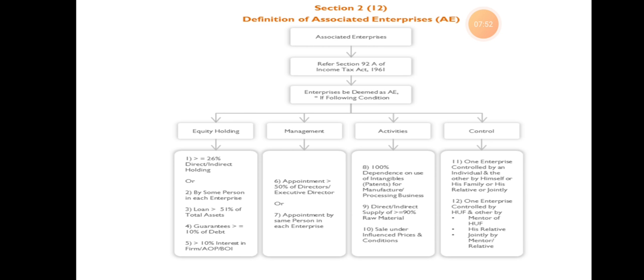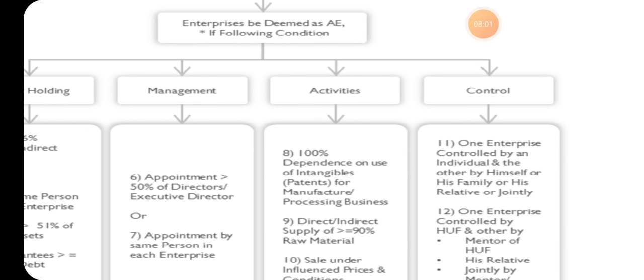And control: in case of control, one enterprise is controlled by an individual and the other by himself or his family or his relative or jointly, then it is an associated enterprise.